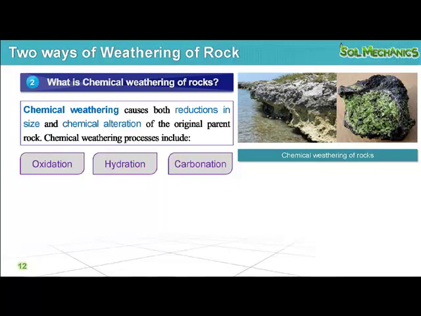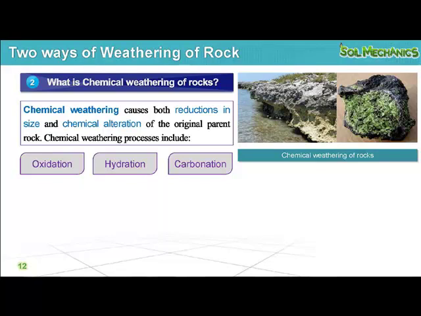Chemical weathering causes both a reduction in size and chemical alteration of the original parent rock. It reduces the size of the rock and also changes it from its original composition to another. We call this chemical weathering.